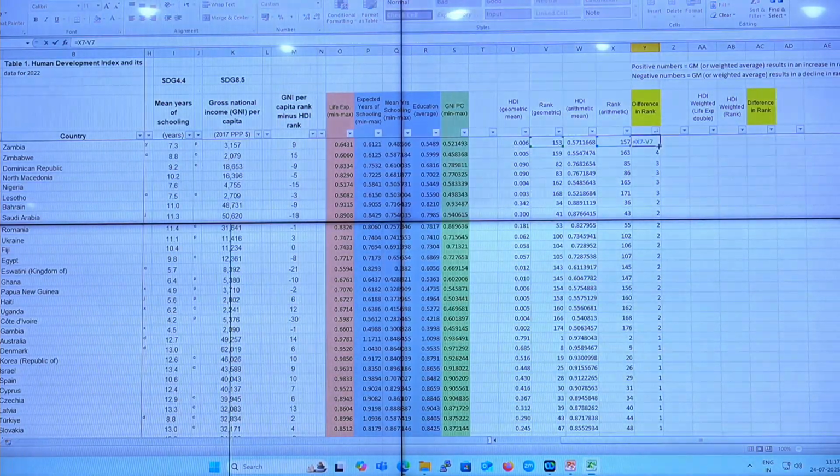So I subtracted the arithmetic mean. Let me do it the other way around. The geometric mean from the arithmetic mean. Wait a second. Just 1 second. So this is subtract the geometric mean from arithmetic mean. I want to do it the other way around.